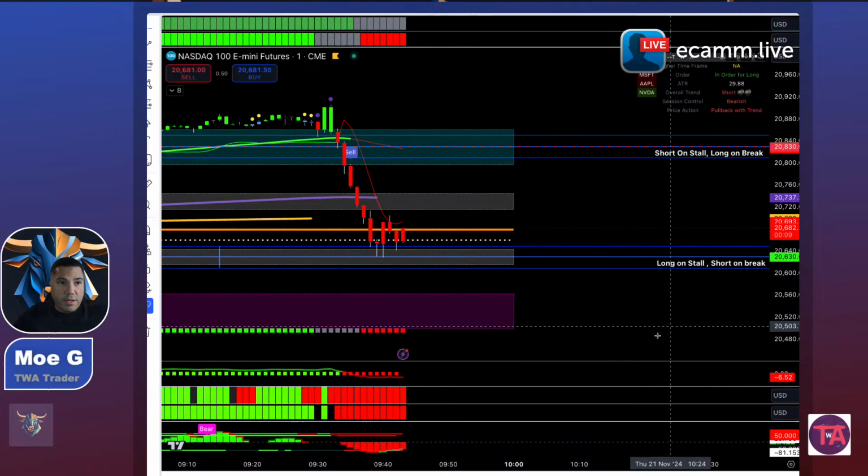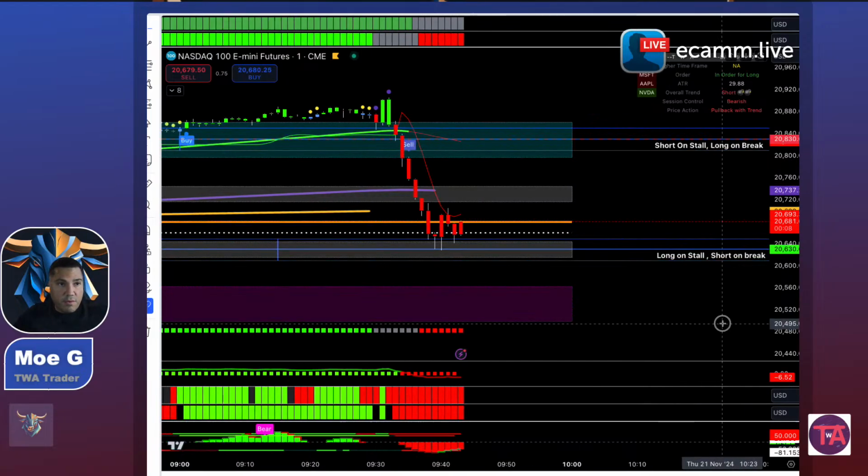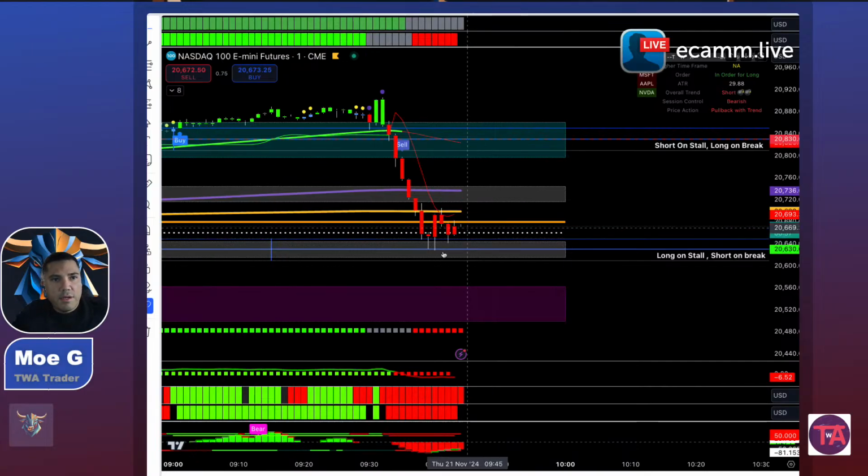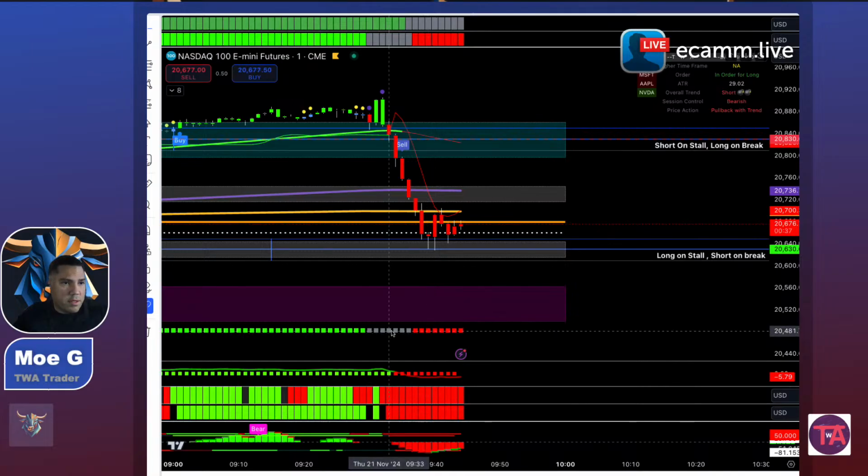But based on what we see in real time, it's stalling here. This is considered cheap based on the Trading with Adam 4-hour forecaster. We just had a nice push down. Let's see if we can consolidate here for a bit before we shoot up. Probability wise, this is the IVD.